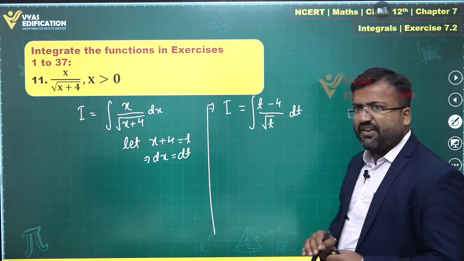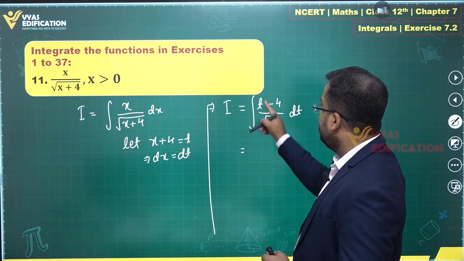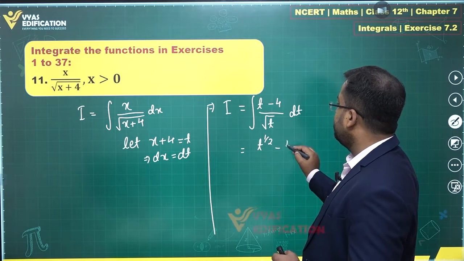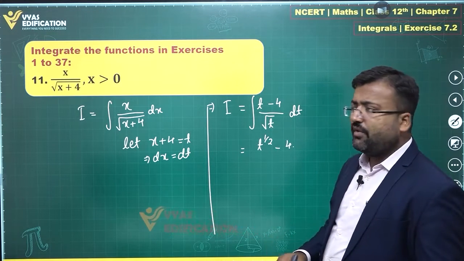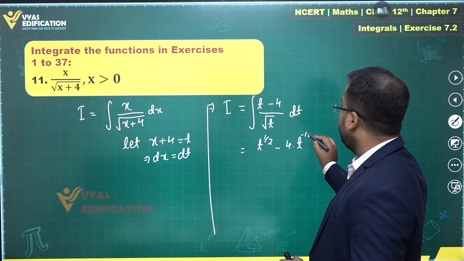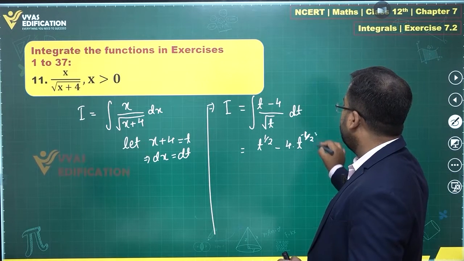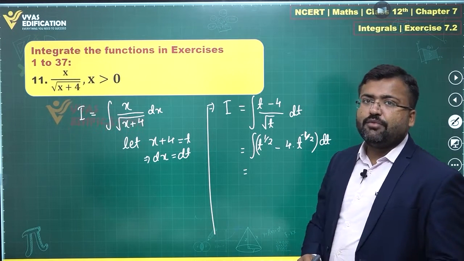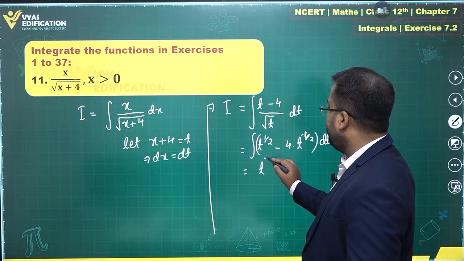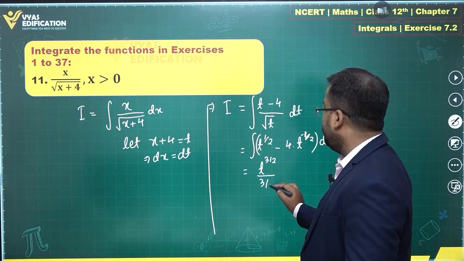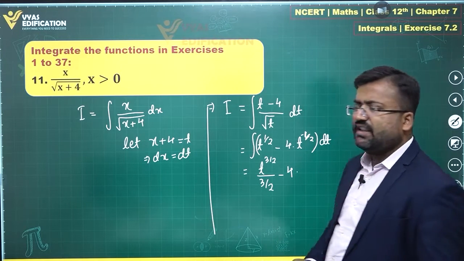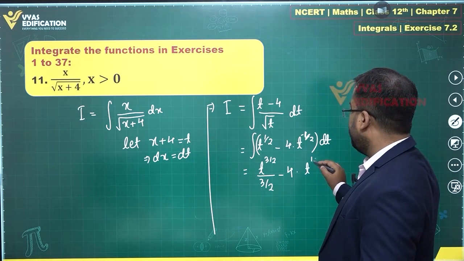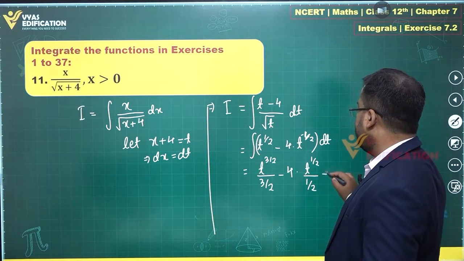This can further be simplified, by separating the terms, into t upon t power 1 by 2, which becomes t power 1 by 2, minus 4 times, since the denominator has t power 1 by 2, that becomes t power minus 1 by 2 over here, integral dt. Now, the integral of t power 1 by 2, what is that? t power 3 by 2 upon 3 by 2, minus 4 times, the integral of this will be minus half plus 1, which is 1 by 2, upon this 1 by 2, plus the constant of integration.